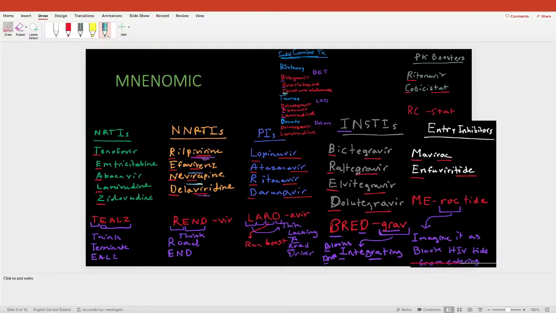And then the next one here, Dovato. It looks like there's an INSTI here, dolutegravir, and then lamivudine, which you can see here is an NRTI. Okay.